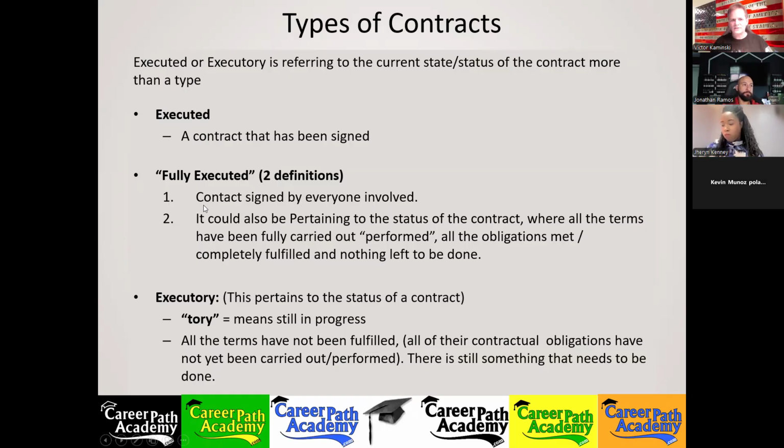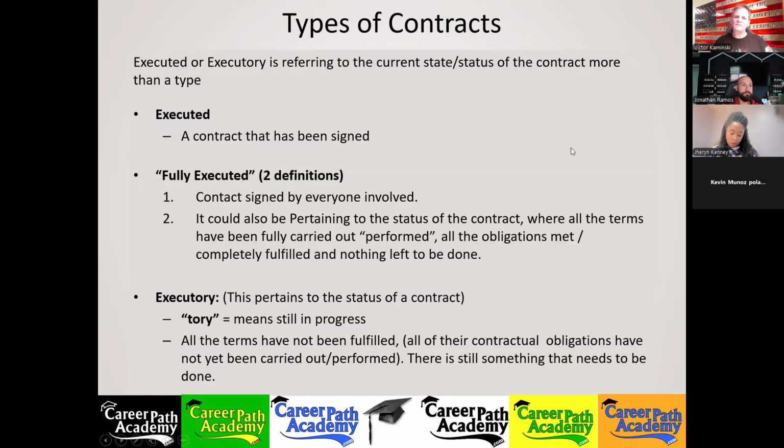So one involves the signing and the other one is pertaining to the status of the contract. And the executory contract is pertaining to the status as well. Executory means still in progress. So the terms have not been fulfilled. There are things that still need to be done.